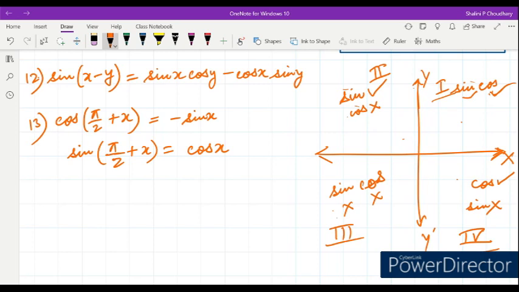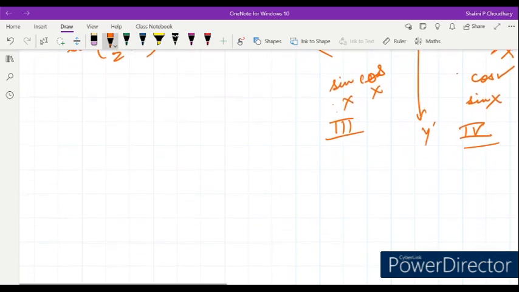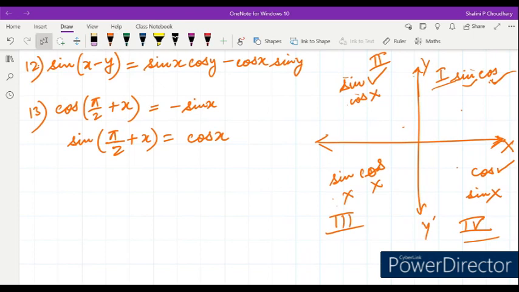Okay. Now cos of 90 plus x will be minus sin x. Why? Because when we are going 90 plus x, that will be minus sin x. Now similarly, cos of pi minus x will also be minus cos x, right?